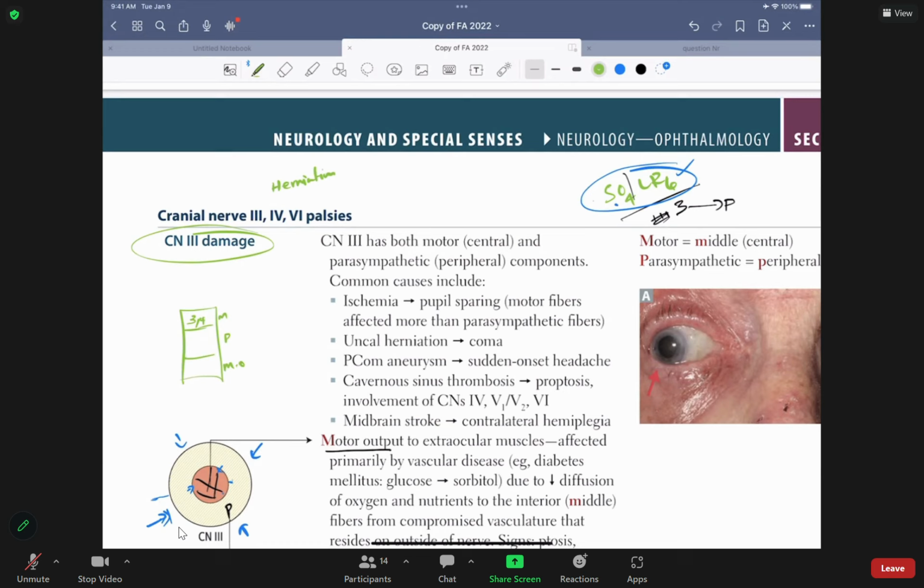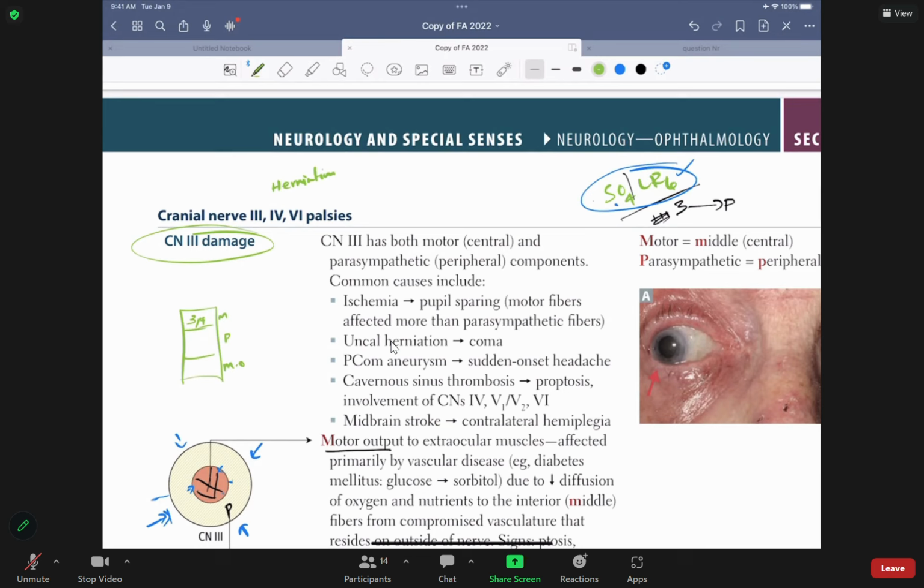Type it up. Foramen, start with M. Foramen magnum. Okay, foramen magnum.